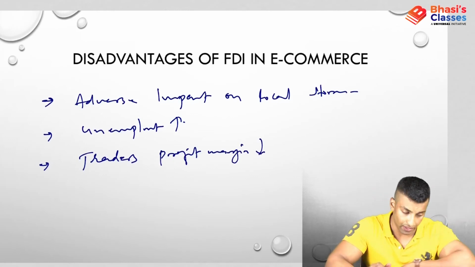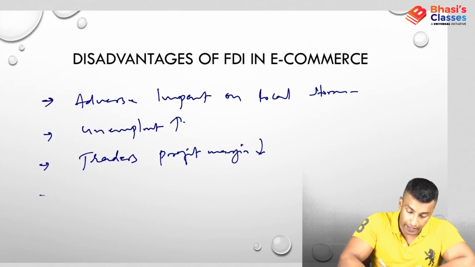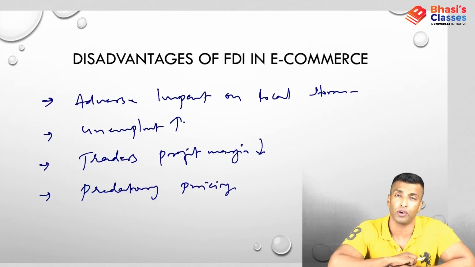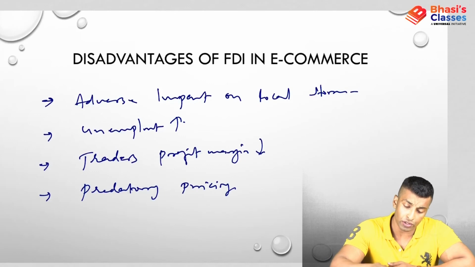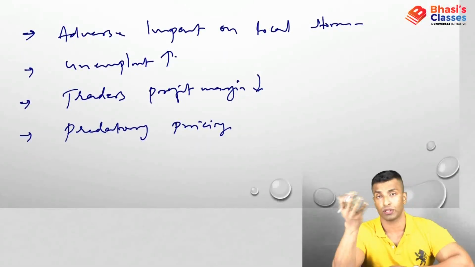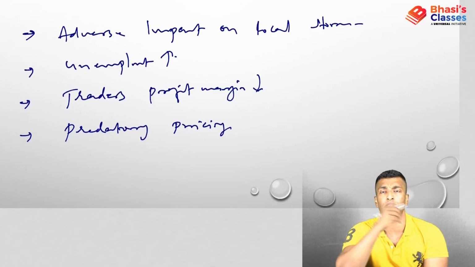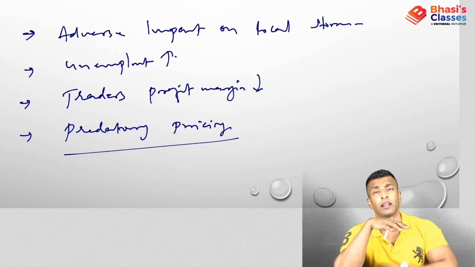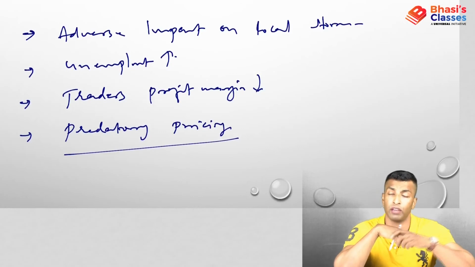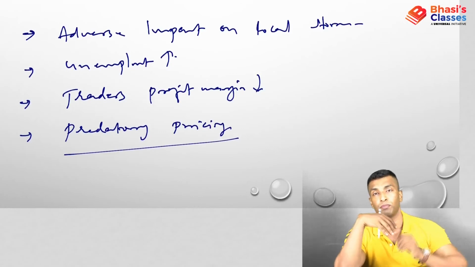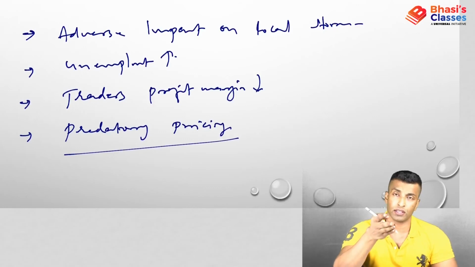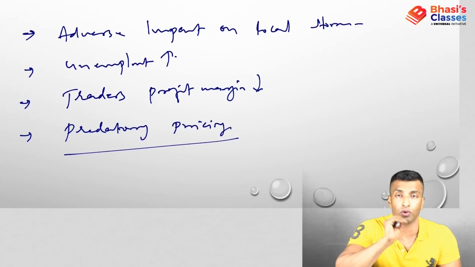These are general disadvantages that we are discussing. Then predatory pricing, mostly applicable in the inventory model, but we are not allowing that. But in the marketplace model also, when the Big Billion Days and those kinds of sales come, you can see this predatory pricing. But whatever it is, ultimately manufacturers get a lot of benefit in the marketplace model, and the consumer is also getting benefit. So whatever disadvantage is there, it will automatically be overcome because the manufacturer and the consumer are getting benefit out of the marketplace model.